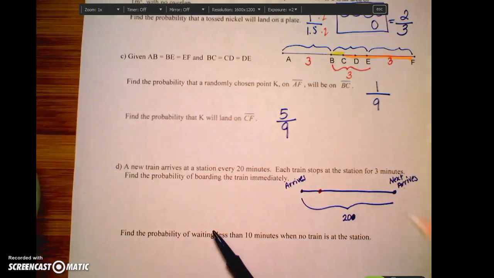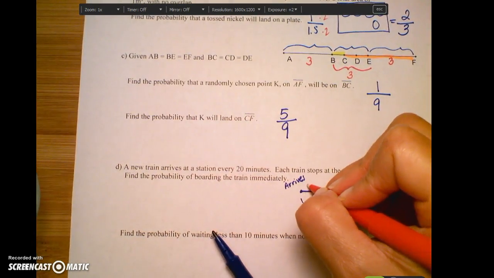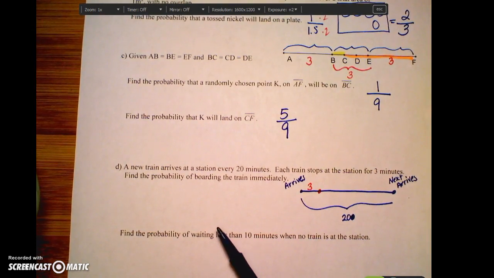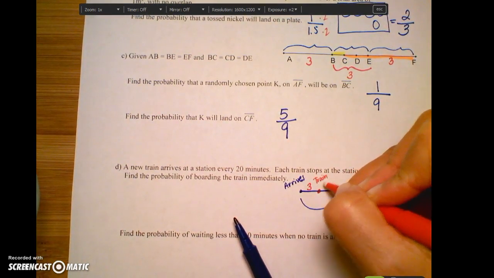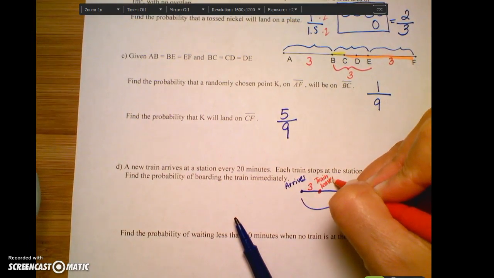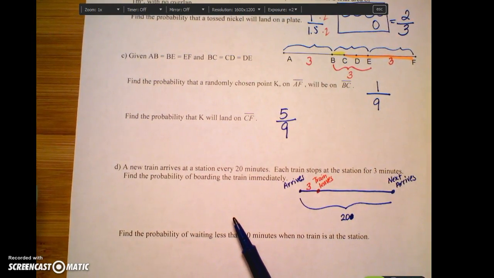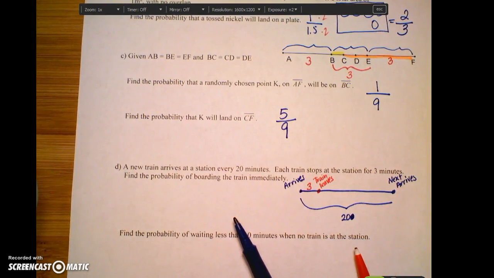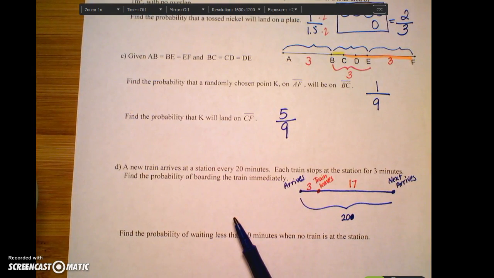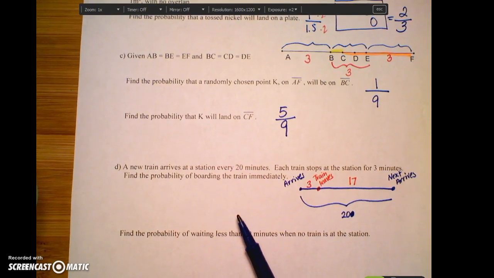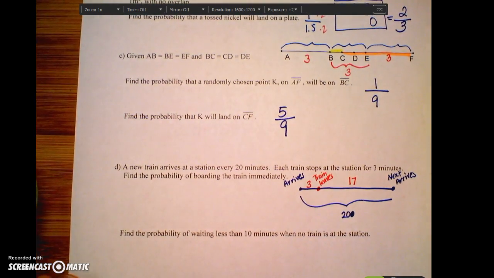So go ahead and make your mark. And that train sits there for 3 minutes, and then it leaves. Okay? So when that train leaves, you now have 17 minutes that there's no train sitting there. Hopefully you're okay with that scenario. If you have any questions, of course, ask about them in class.